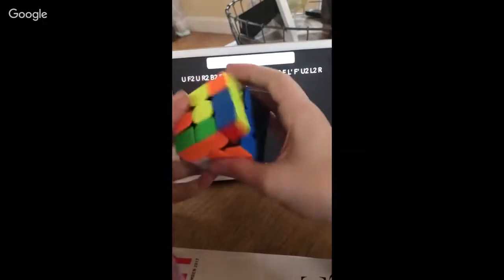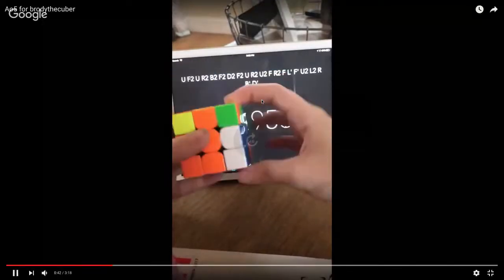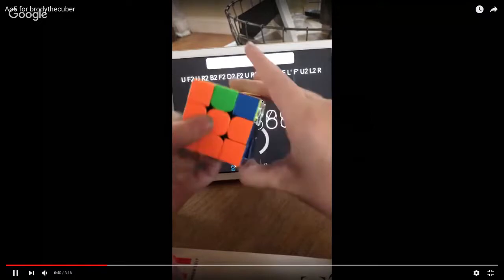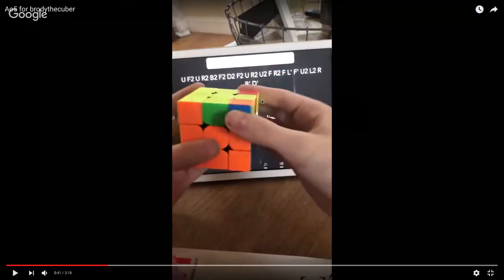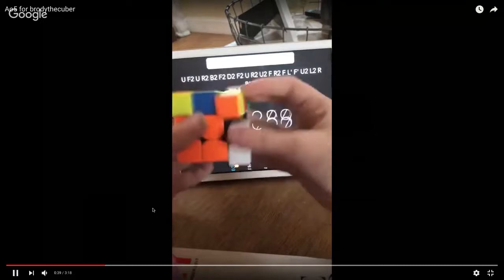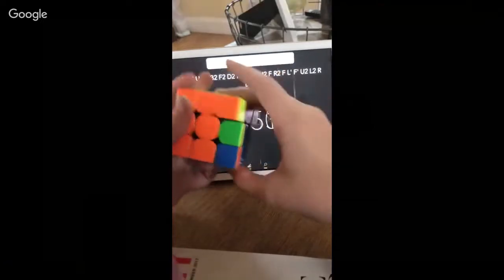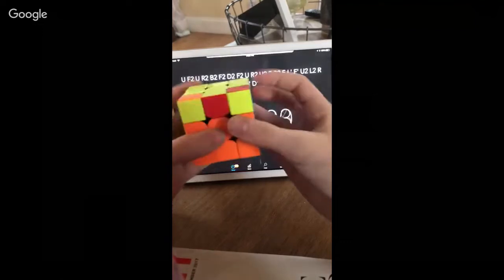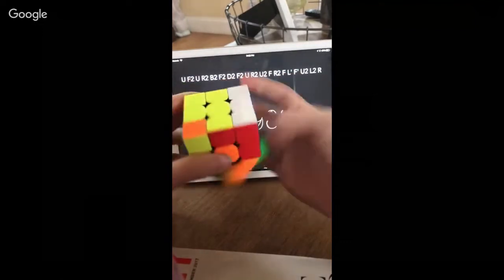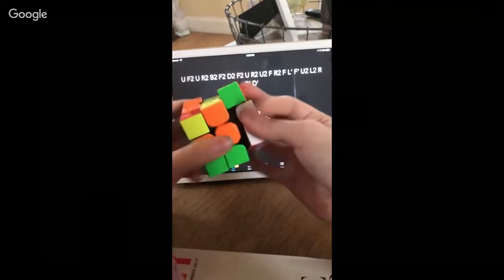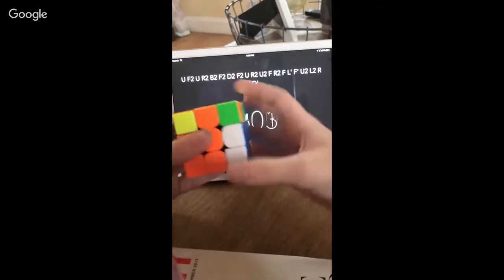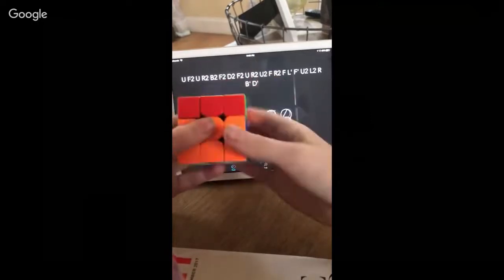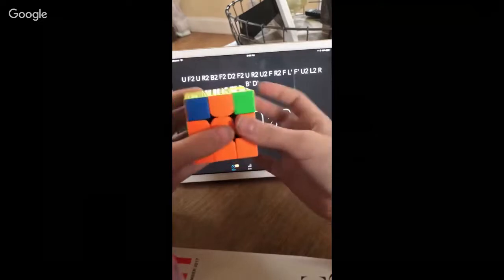So you solve that. Oops, I went forward a little bit, but you solve that. You do your 2-look OLL. All of that's fine. And then you get an F perm.